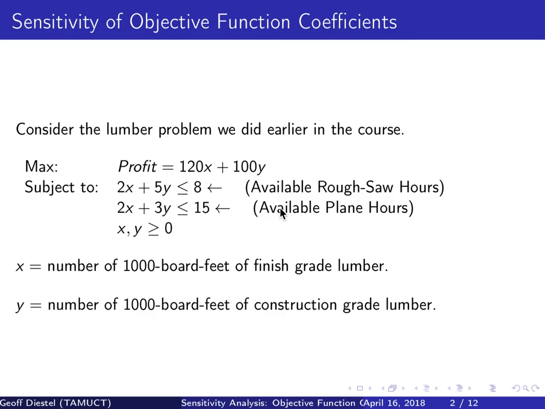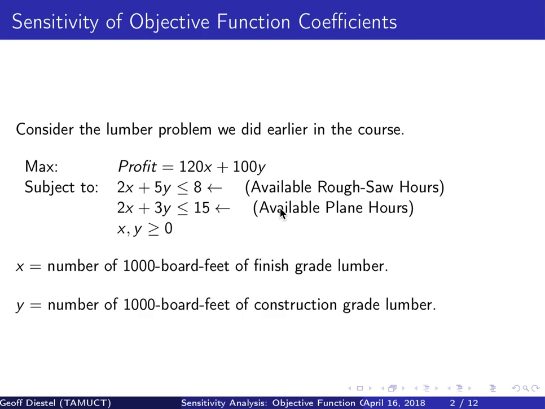So what we're going to look at in this simple example is maximizing a profit. This is a problem we did earlier with a lumber company who's deciding how many units of each type of lumber they want to process based on the profitability and the resources they have available, which are basically related to a rough saw and a plane for processing the boards.